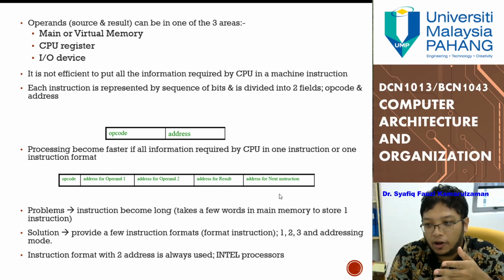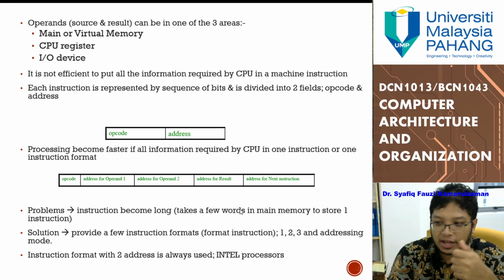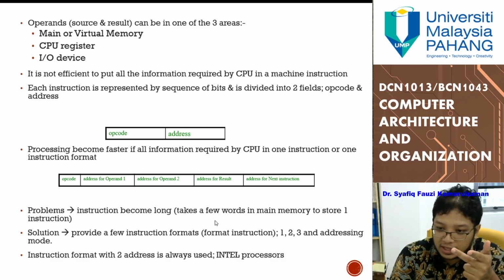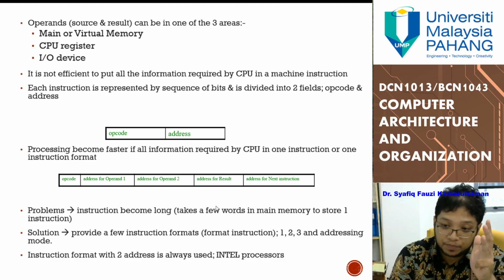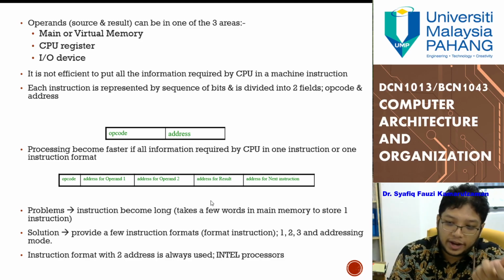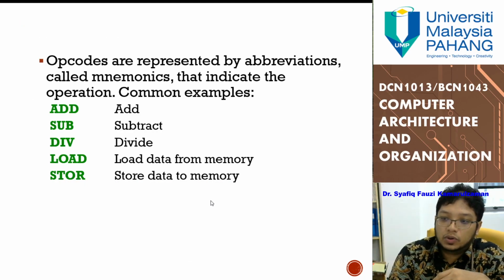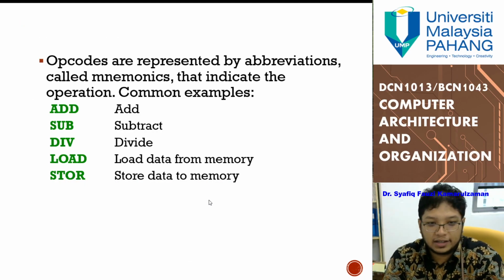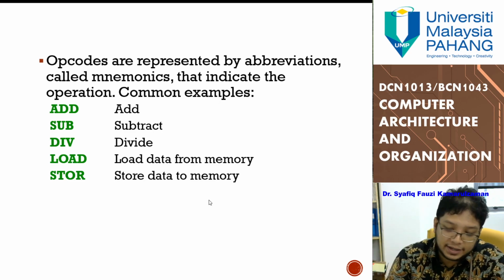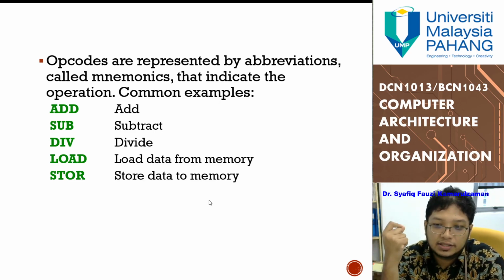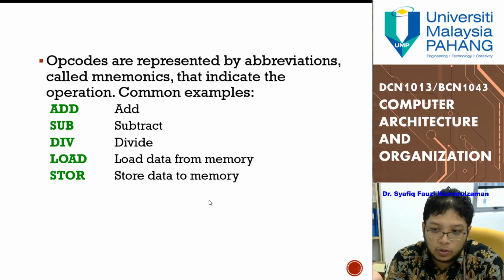Instead of having 3 or 4 memory address locations, you can have only 1, 2, or 3, depending on the addressing mode. The instruction format with 2 addresses is usually used by Intel processors. Let's take a look at the common opcodes. These are 5 mnemonics: addition, subtract, divide, load, and store.